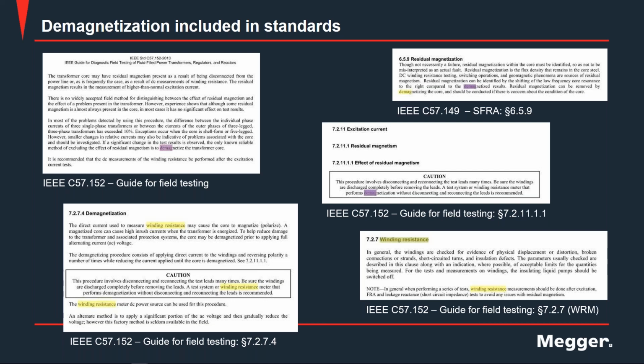To save yourself time, if you're going to do any other testing, always do demagnetization first. If you planned on doing winding resistance, you should consider doing that one before demag, but definitely demag before you plan on doing any excitation current testing, SFRA testing, or before you put that back into service.